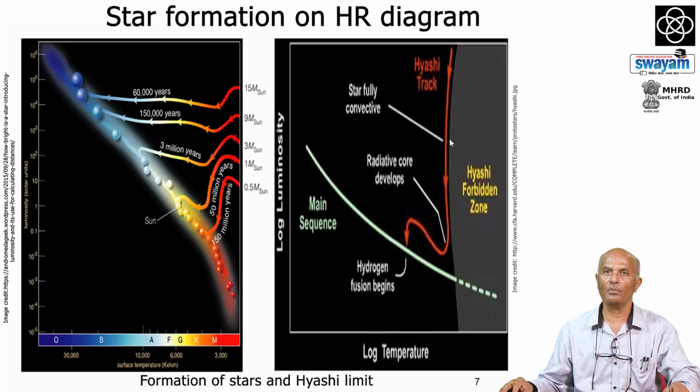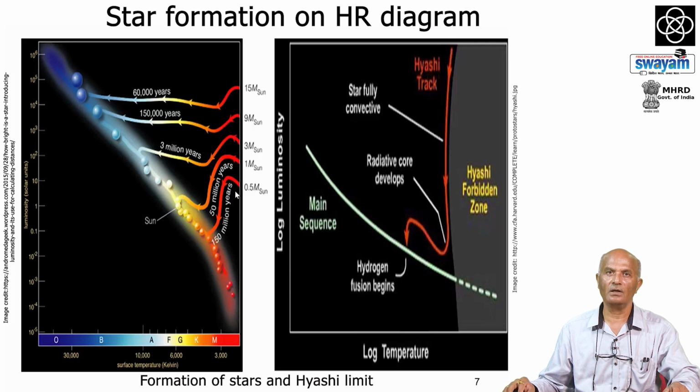So, this is the typical process through which the pre-main sequence phase goes, and how long this phase takes depends upon the mass of the star, which is displayed on the other side of the diagram. Here again we have spectral type on the x axis and luminosity on the y axis, and this is the location of zero age main sequence stars.